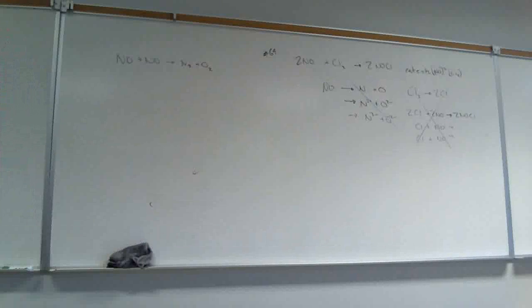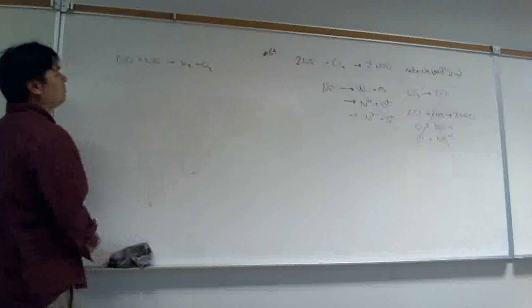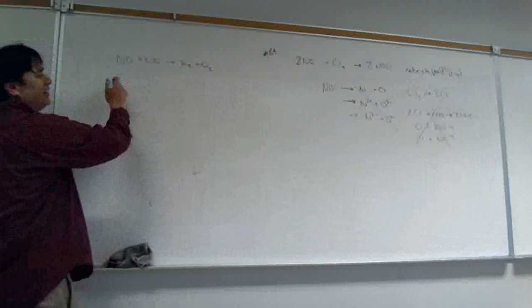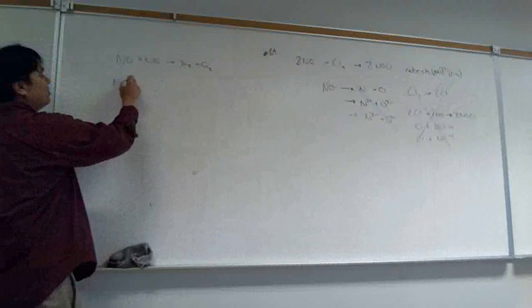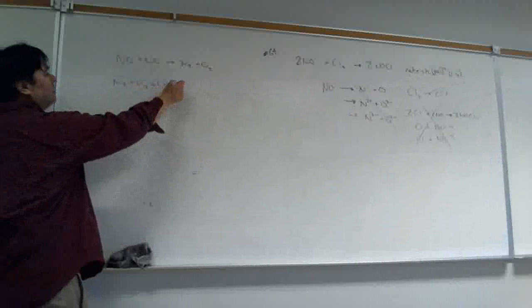And maybe this is good because N2 and O2 form a fairly stable mixture in air. But we can't really get a two-stepper, because we get N2 plus O2 plus Cl2 yields.